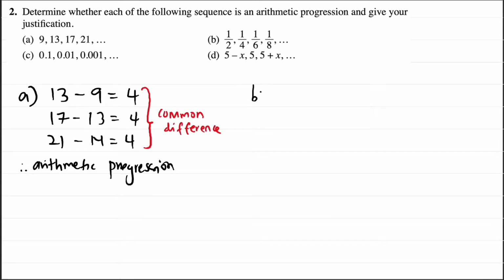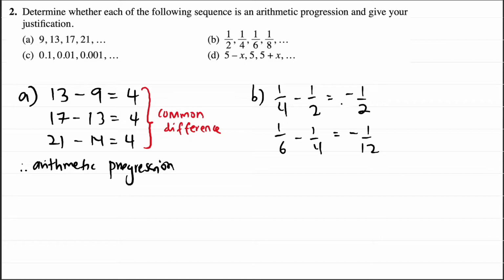Okay, macam tu je kamu nak tengok. Tengok B pula. 1/2, 1/4, 1/6. So kita cuba tolak lah. So 1/4 minus 1/2, kita akan dapat negatif 1/4. Then 1/6 minus 1/4, kita dapat negatif 1/12.